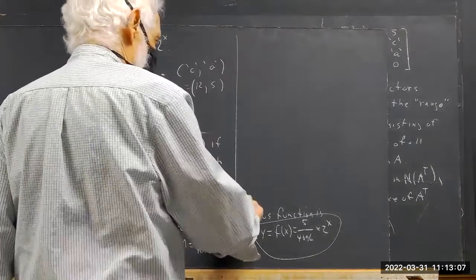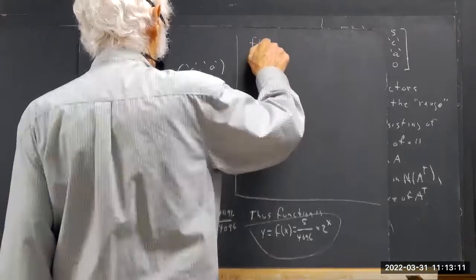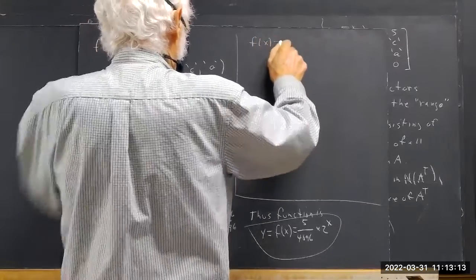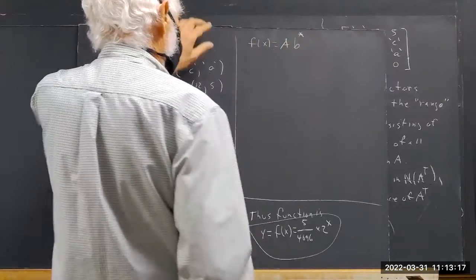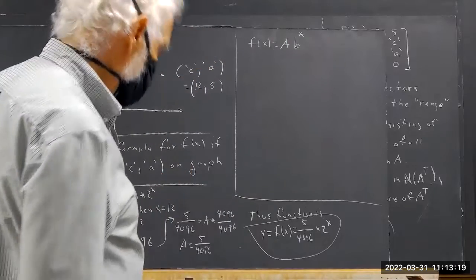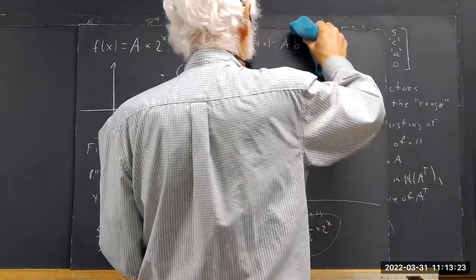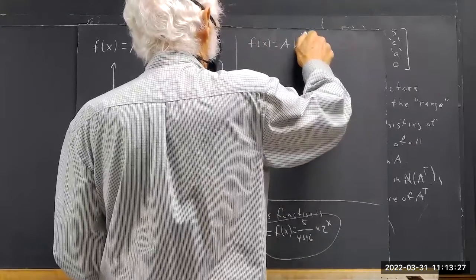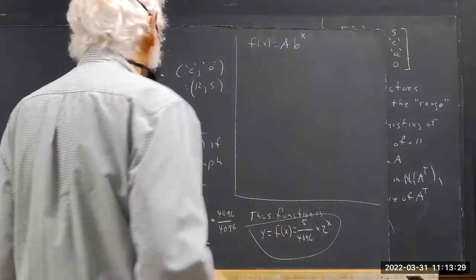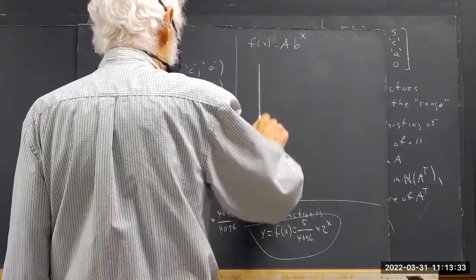Okay, let's do another one. f of x is now a b to the x. Notice a b to the x. And we have 2 points.